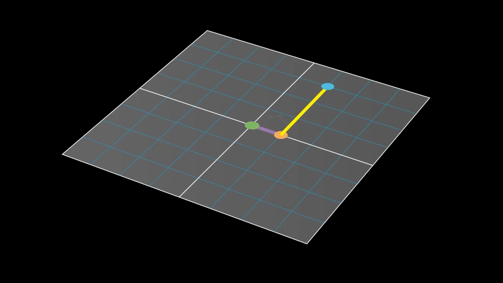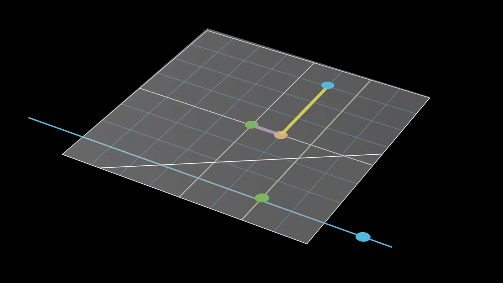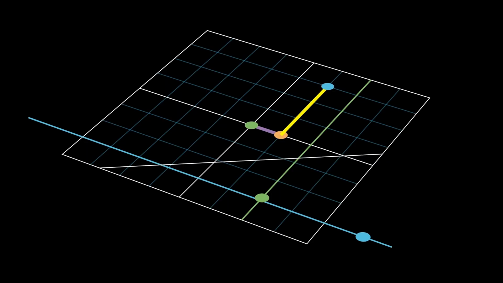The same folding rules apply. The distance between where the crease intersects the line x equals 1 and the x-axis is the cube root of 3.